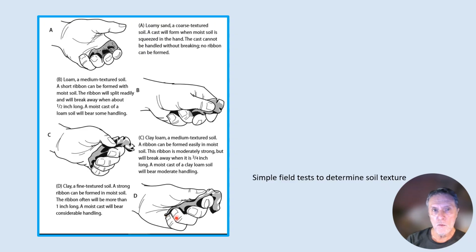A very clay-rich soil you'll be able to form a rope or a ribbon that can roll around, and you can keep rolling it around till you dry it out, and then it starts to crumble. Then it's reached what we call a moisture limit that I'll talk about a little bit later. So sands can be formed into just lumps or clumps. Clays can be formed into balls of material or ribbons of material.